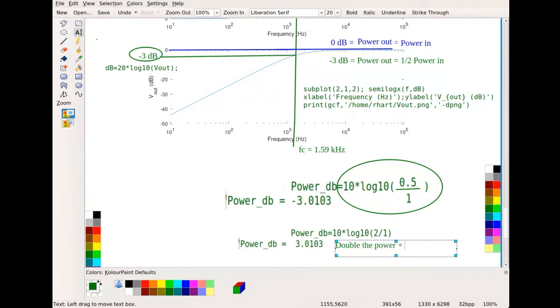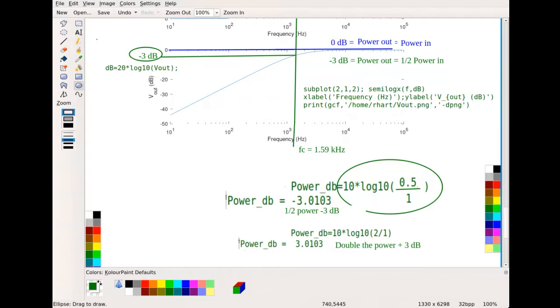Double the power is plus 3 dB. Okay. Half power is minus 3 decibels. Okay, so when you're using the decibel values, 3 dB in either direction is either doubling or halving your power.